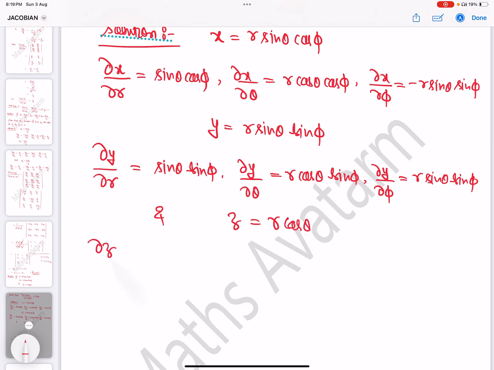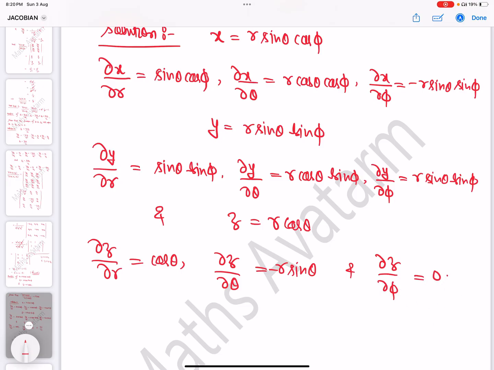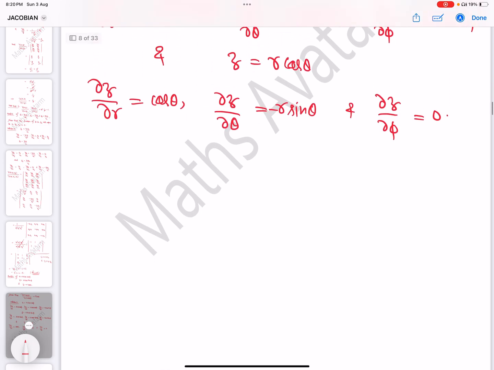So del z upon del r is cos theta, del z upon del theta is equal to minus r sine theta, and del z upon del phi, that is 0, because z is not a function of phi. Now, what I will do now? Now I am to calculate.